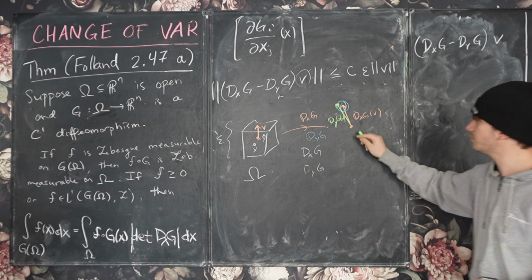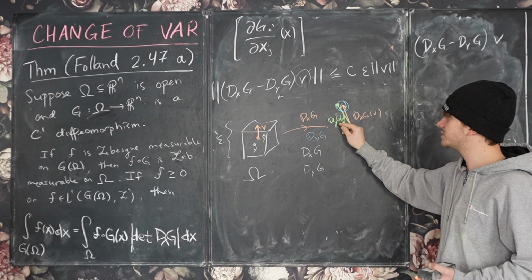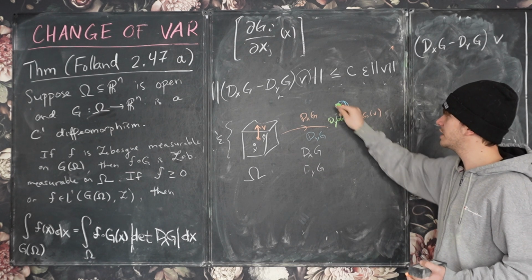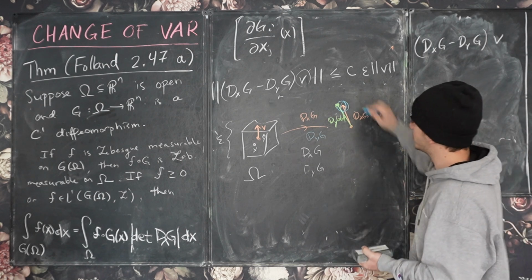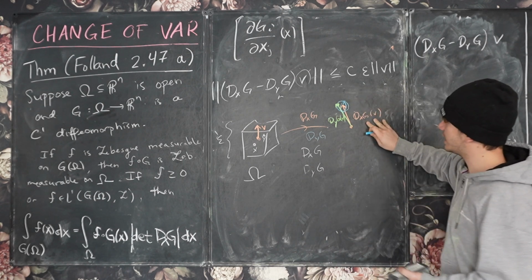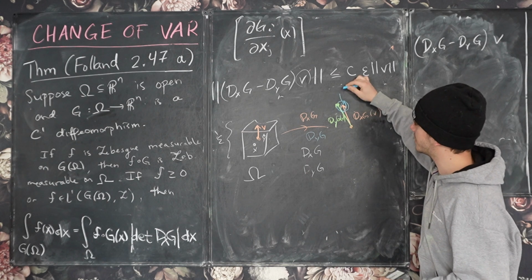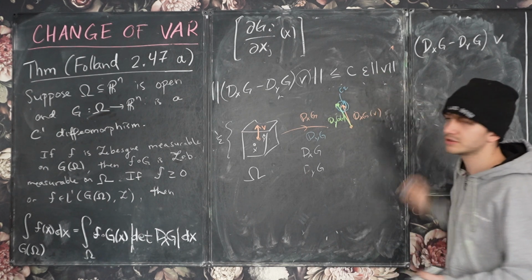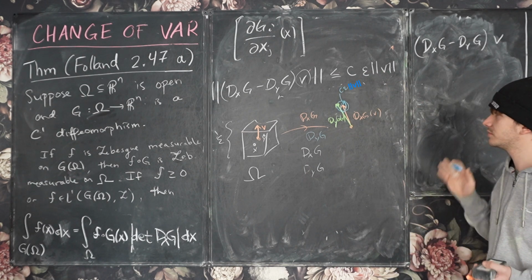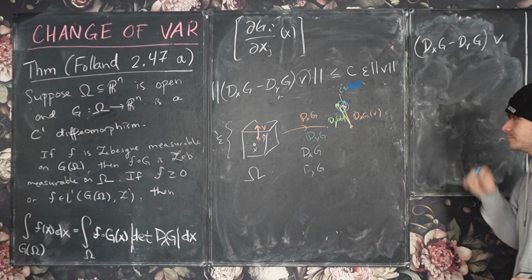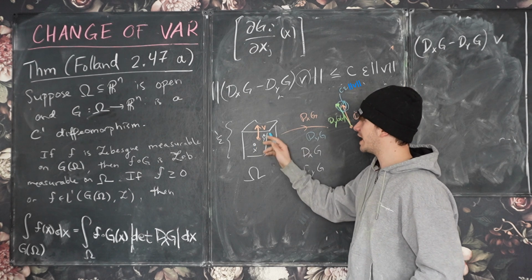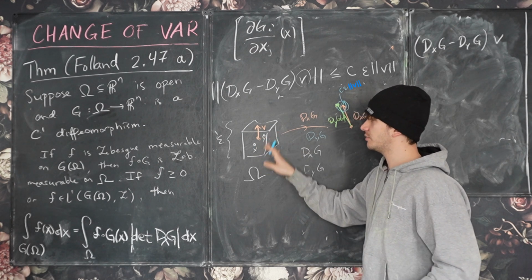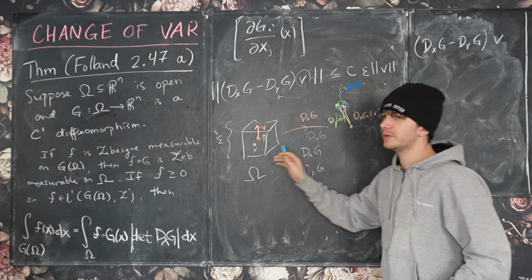Wherever dyg sends v, it'll be some vector in this sphere, where this sphere is centered at dxg of v and has radius constant times epsilon. Does that make sense? So we see that the differential is behaving similarly inside of a small cube.